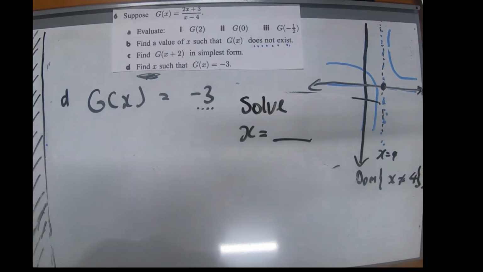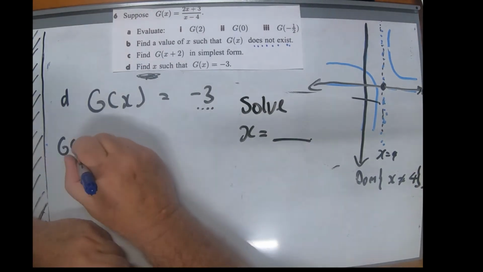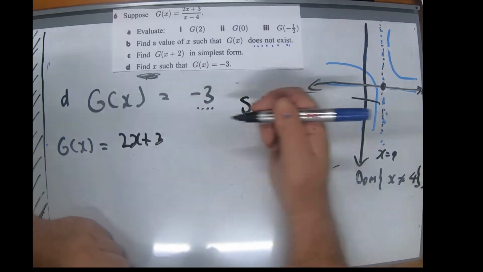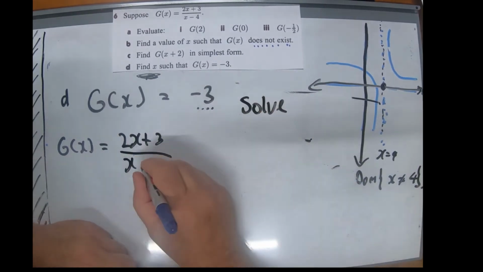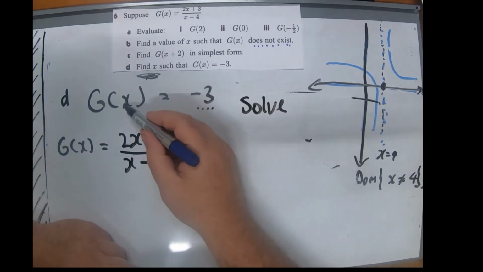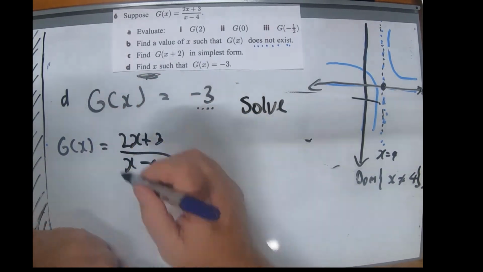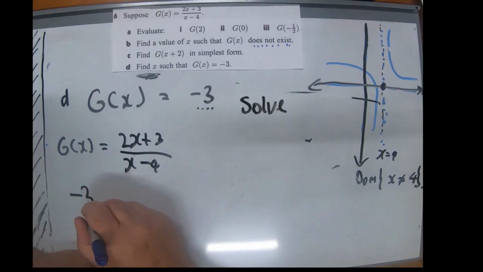What do I do? What I do is where I have g of x is equal to 2x plus 3 over x take 4, I have no number to substitute for x, but I have a number to substitute for g of x, i.e. minus 3 goes here.